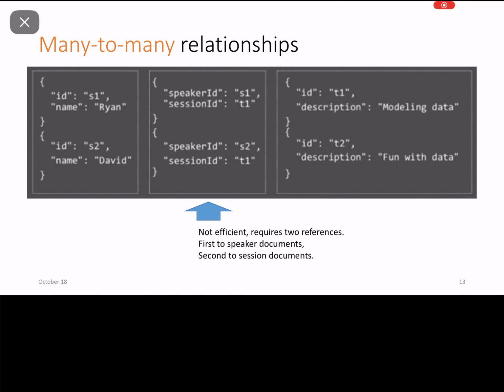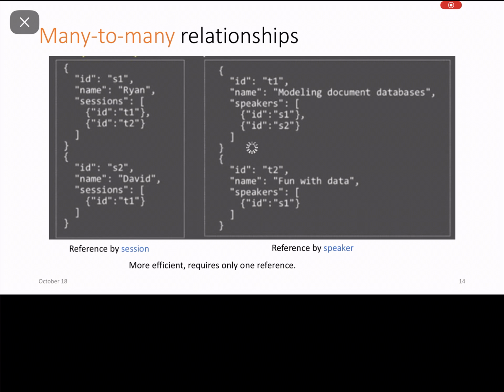If we were to just map relational to NoSQL, it would look like this, and therefore you will have two joins here, which is not good because, I hope you still remember, joins are expensive, so we want to reduce joins as best as possible, especially for NoSQL. So for NoSQL, if we were to have a many-to-many relationship, we would design it like this. Look closely.